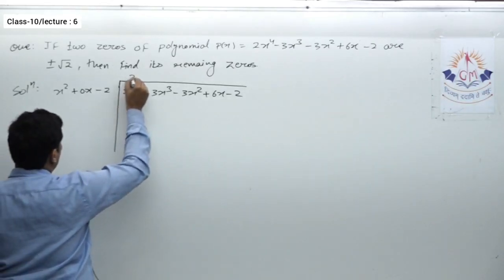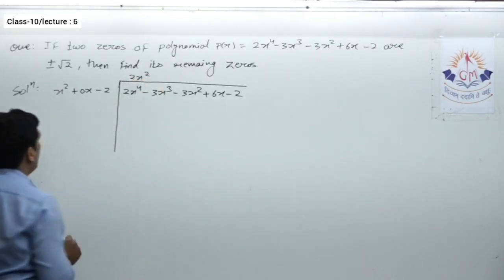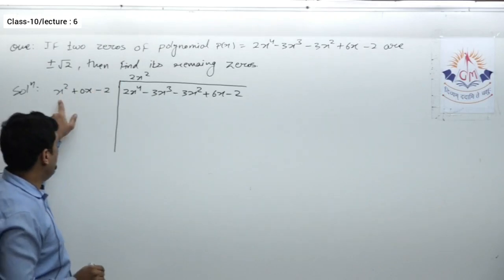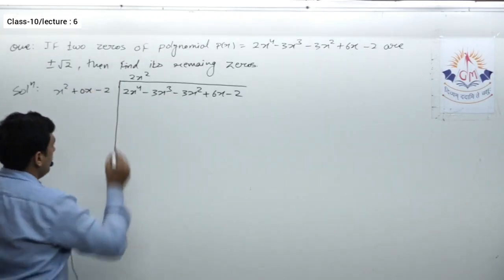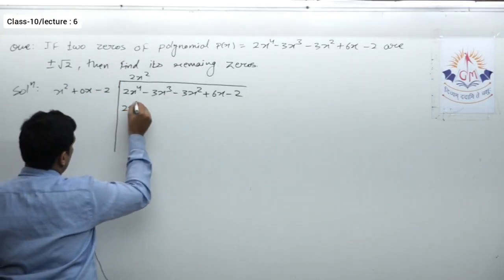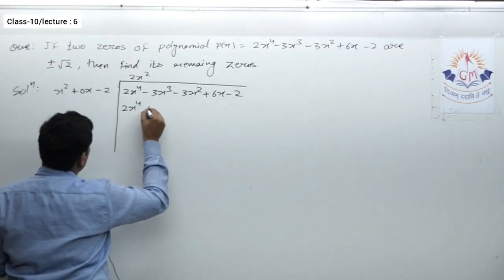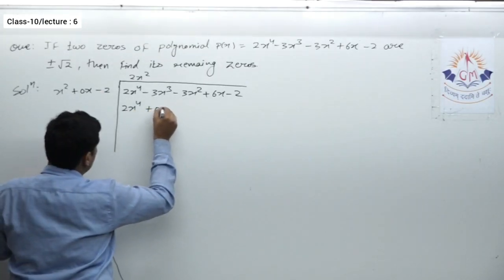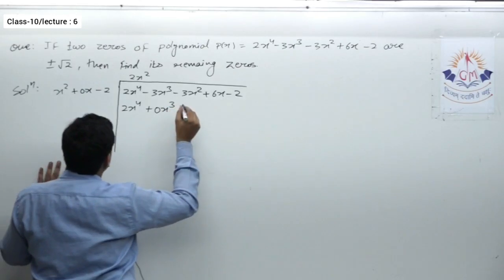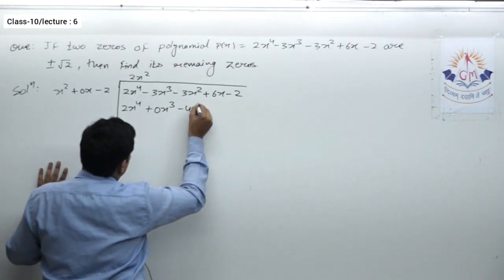Here I write 2x^2, because when I multiply 2x^2 with x^2, I get 2x^4. So 2x^4, now plus 0x^3, minus 4x^2.